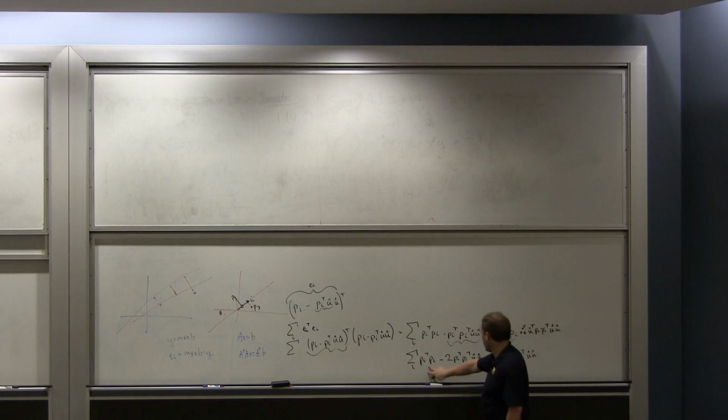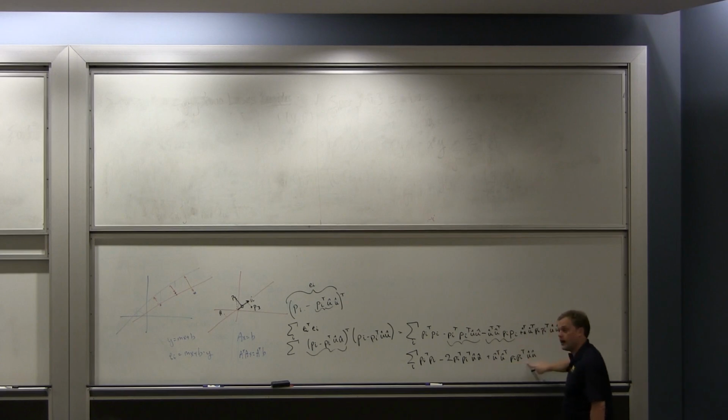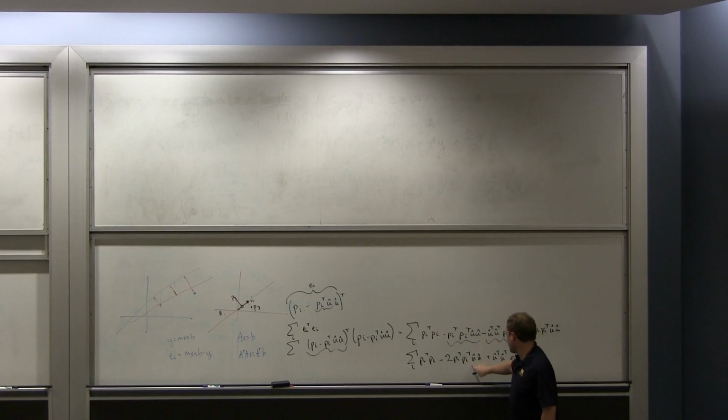So this would go away, right? And what should happen here is we should end up with basically this one. This one I think is supposed to end up going away as well, and we should end up with just this one left. And so we should end up with this equals 0. This is a scalar.